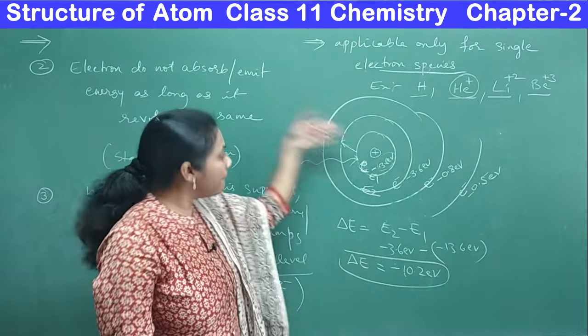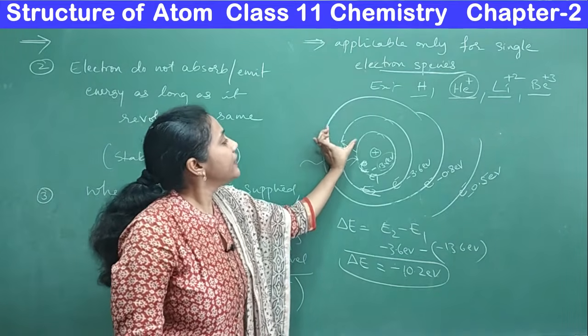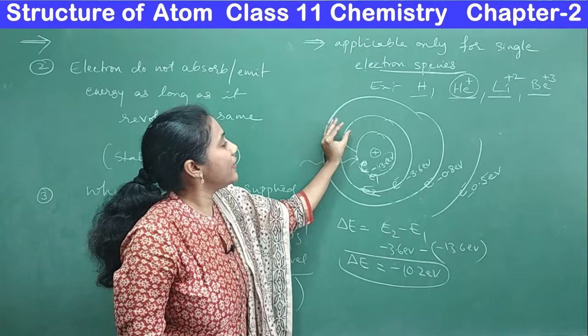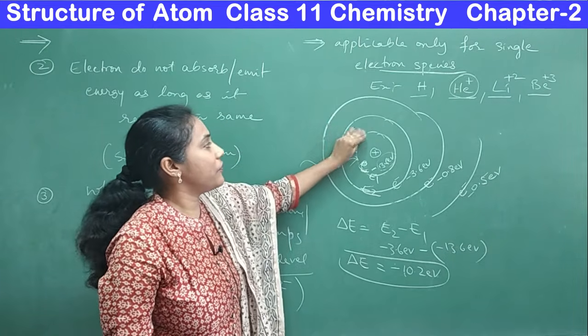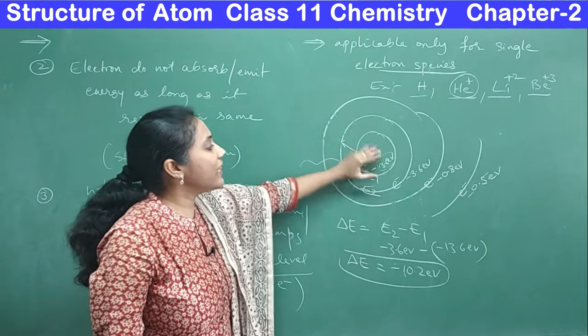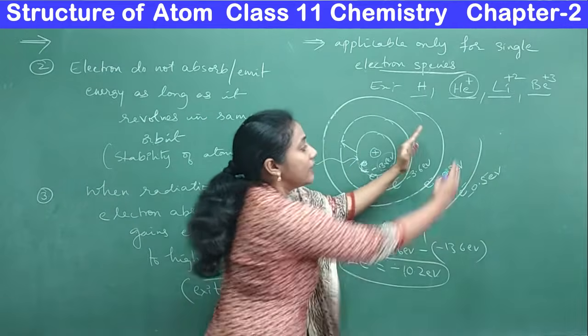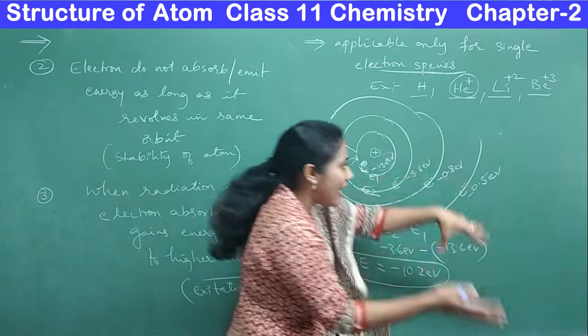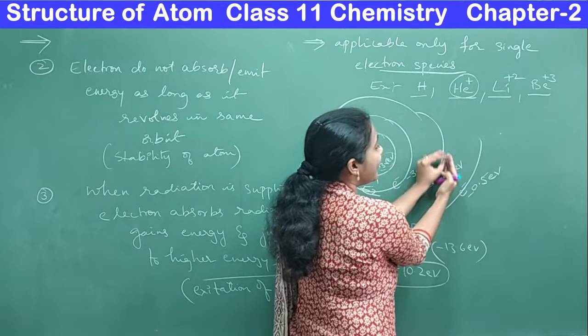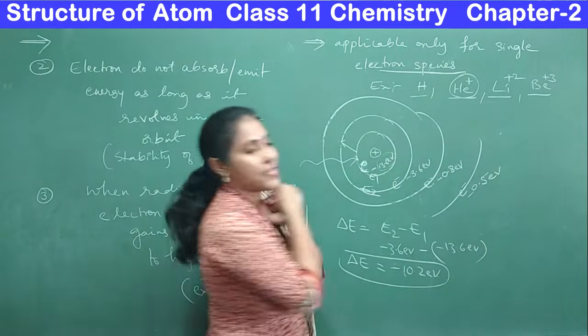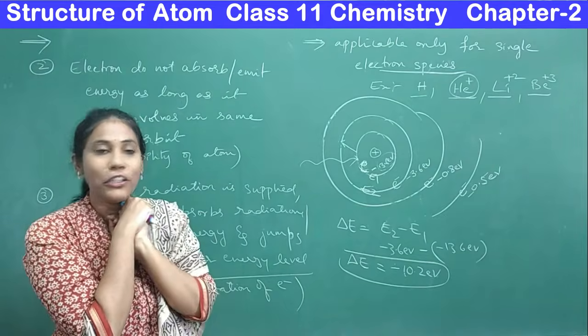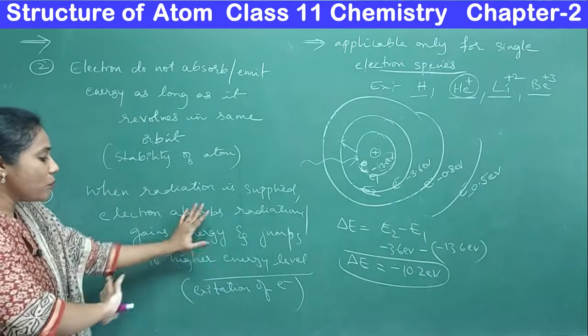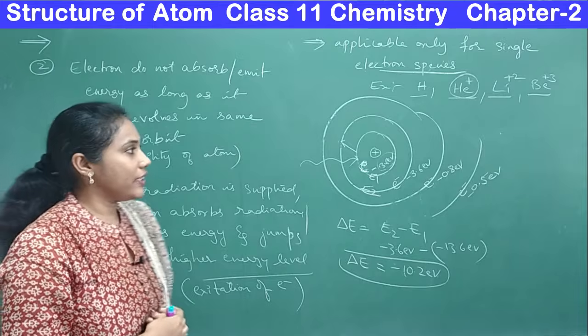If it is jumping to the third level, the energy must be equal to the difference between the first and third. If it is jumping to the fourth energy level, then very high energy is required, equal to the energy difference between the fourth and first, like that. So this is about excitation of electron.